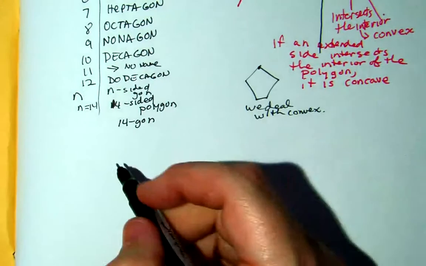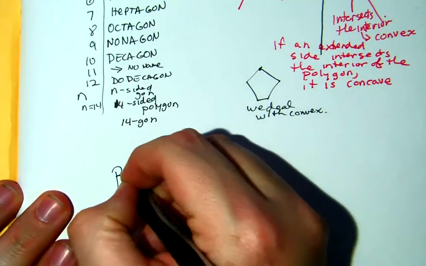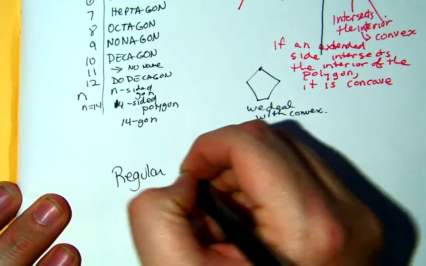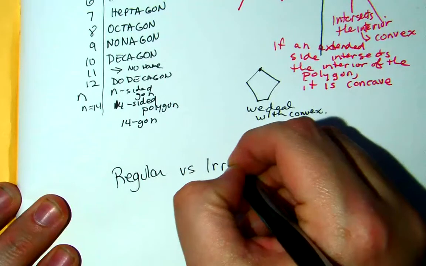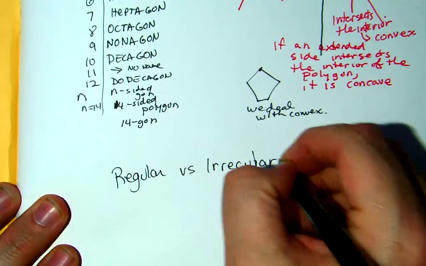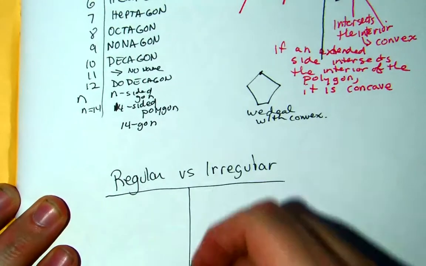And lastly, for this first page, regular versus irregular. This is one of my favorite definitions of all math.